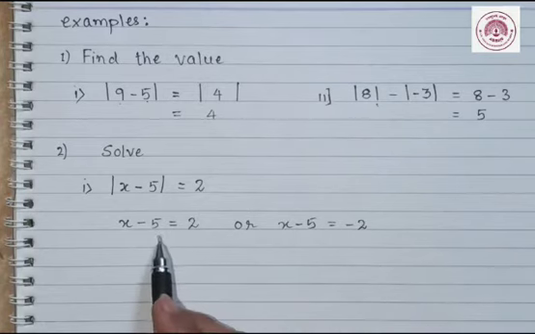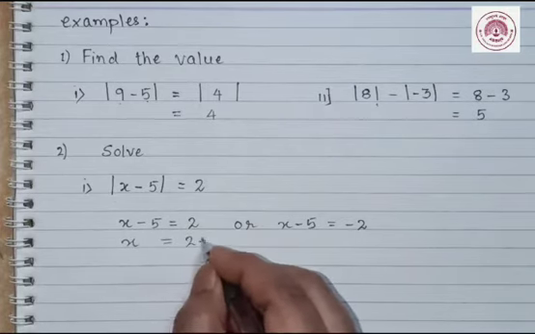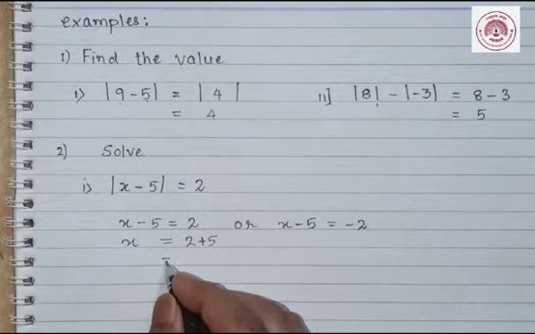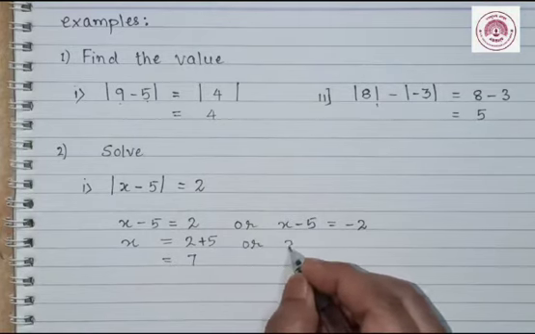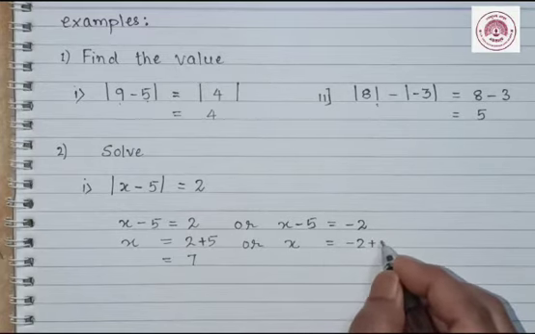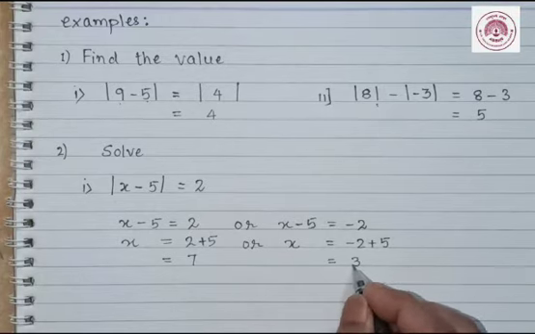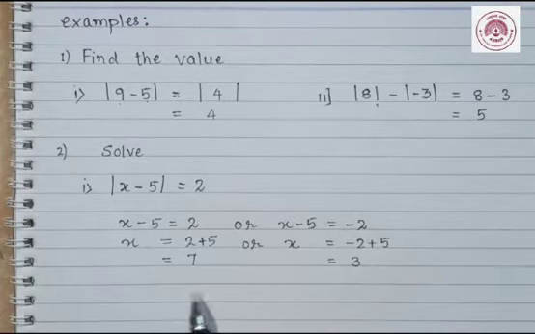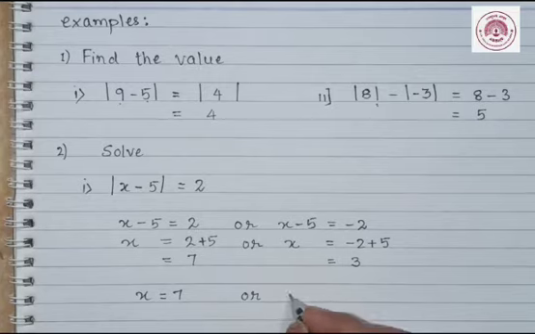So we have to find two values of x. Here x is equal to 2 plus 5, which is 7, or x is equal to negative 2 plus 5, which is 3. So x can be 7 or 3.